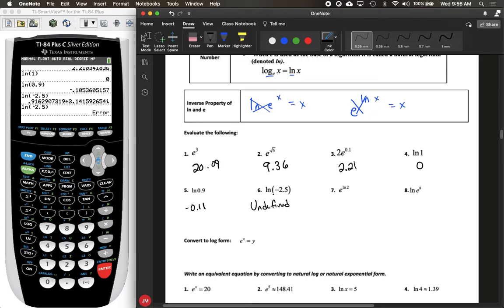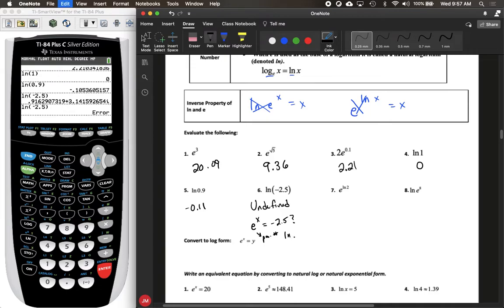The reason for that, remember the base of the logarithm is e. So you're asking yourself, e to what power is negative 2.5? Well, remember e is a positive number. And if it's a positive number, then it can't all of a sudden become negative. It's not as if you can multiply a positive number a certain number of times and all of a sudden it changes to be negative. And so your natural log arguments cannot be negative.